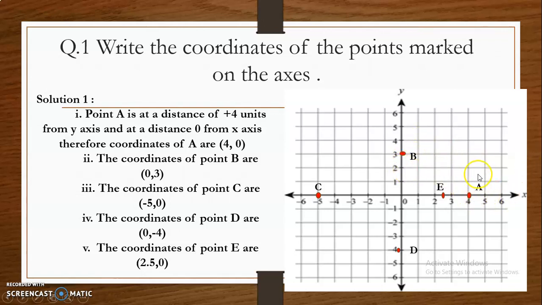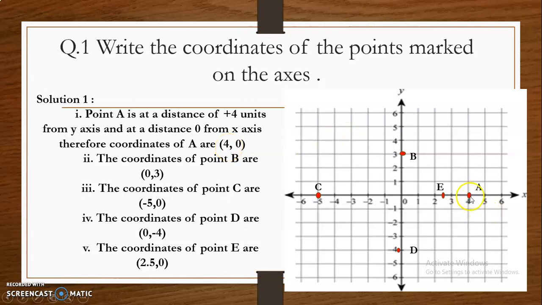So let's start with the point A. You can see this point A is on the x-axis, correct? First of all, you have to tell the distance of each of these points from the y-axis. The first coordinate is the distance from the y-axis.